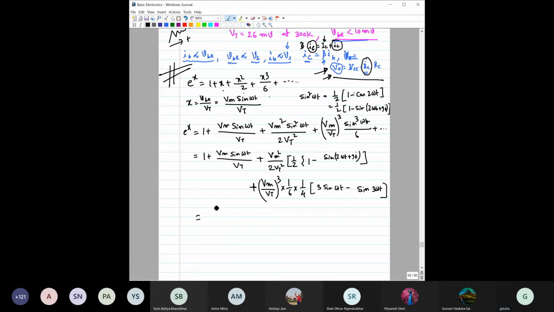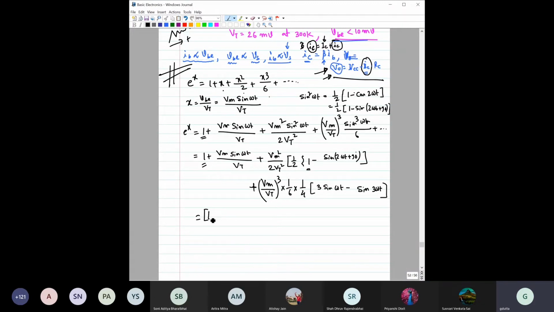Right. So here, if you now arrange this part a bit more carefully, then let us pick this part, the terms without sine of omega t. So one would be here, and there would be another term like this. One would be here, and the other is this, right?